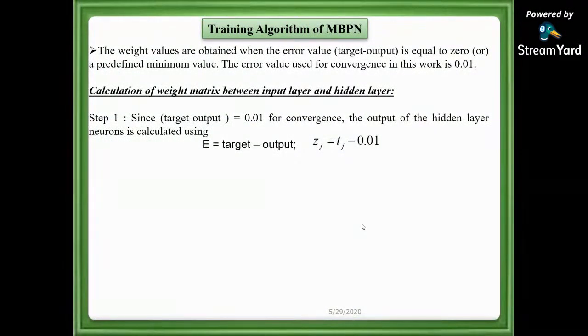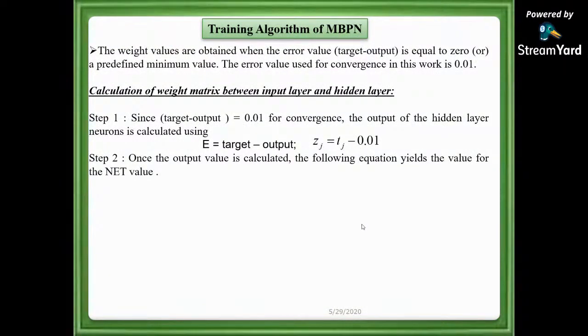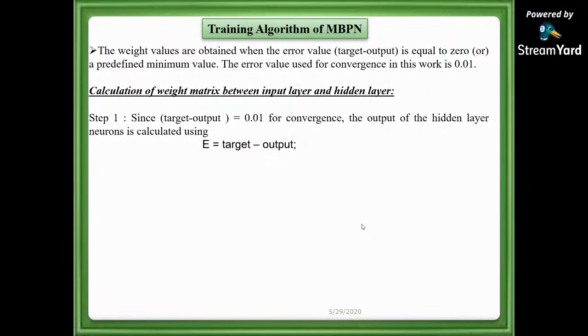So for the output ZJ, I have the target TJ and I am going to subtract 0.01 from it. Right, now I have got an expression for ZJ. Do I know the target values? Yes, I know the target values. So it is very easy to find out ZJ. Once I find ZJ, you come from the reverse direction. I will show once.